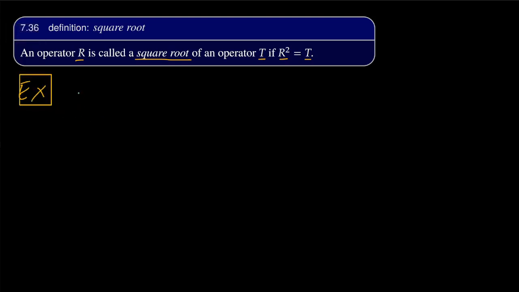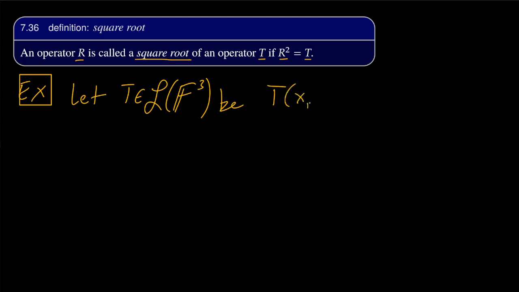Something easy. Okay, let T be a linear map from F3 to itself for any field F. Let it be defined by T of (x1, x2, x3) equals (x3, 0, 0). Okay, certainly this sends 0 to 0.